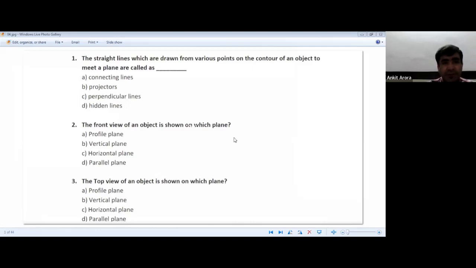The front view of an object is shown on which plane? Profile plane, vertical plane, horizontal plane, or parallel plane? Okay. Very specific, this question is. B7, you are correct. We had discussed and I had elaborated to you that diagram just for this particular concept.